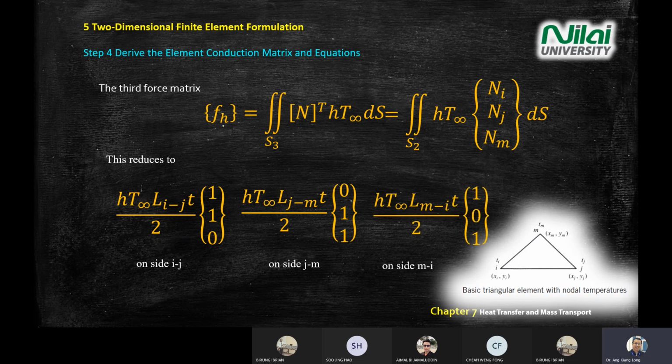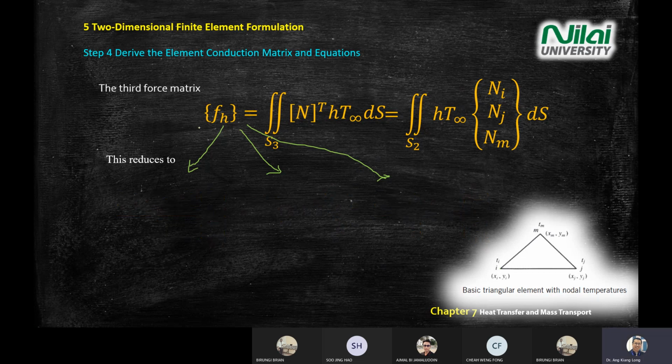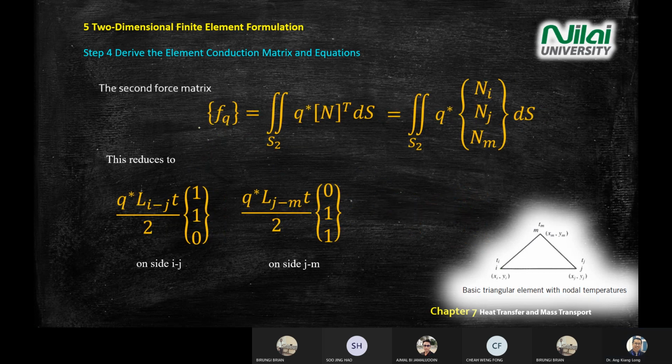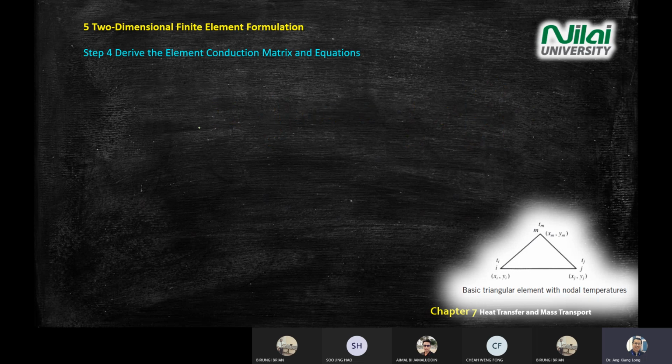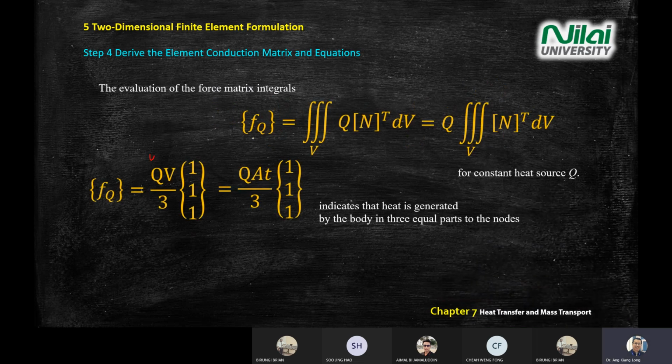Okay. So this is H. You have 3 components there, depending on what site you want to analyze. So as you can see here, the capital Q only has 1. Okay, capital Q, the heating element, only has 1 equation because it deals with volume.